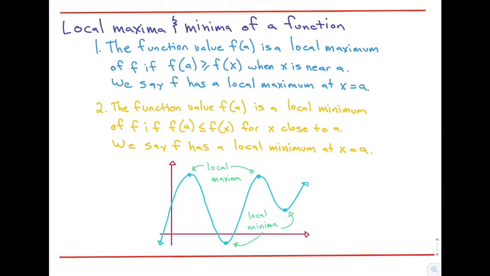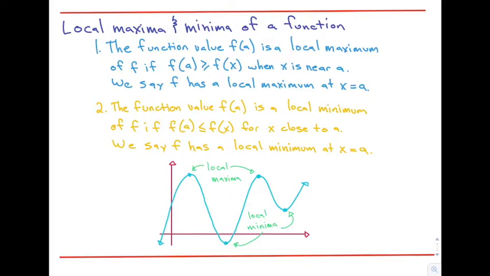Local maxima and minima of a function. 1, the function value f of a is a local maximum of f if f of a is greater than or equal to f of x when x is near a. When this is the case, we say that f has a local maximum at x equals a.